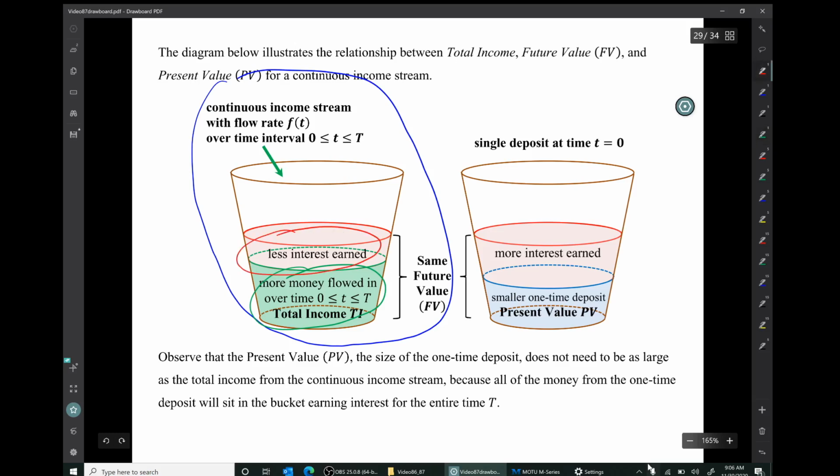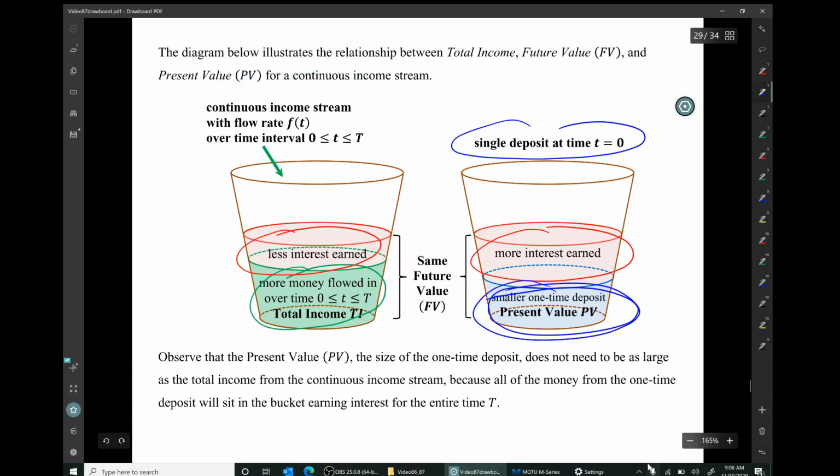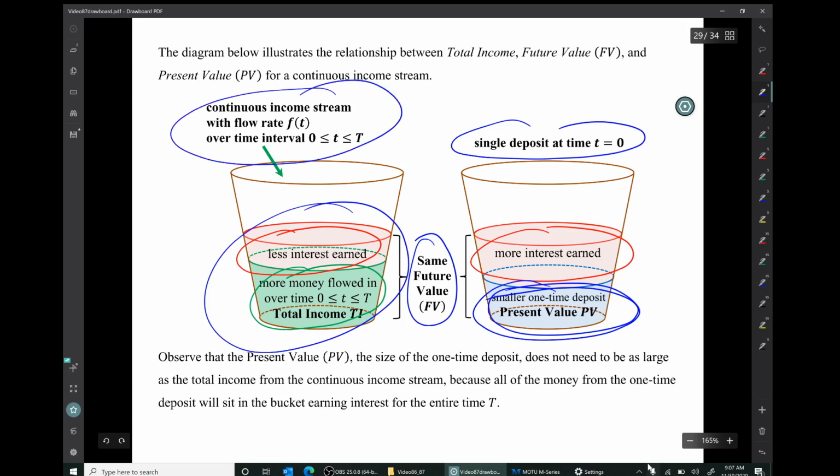The question is, if we are going to make a single deposit at time 0, and it would sit in the bucket for the entire time interval, capital T, earning interest, how much money would we need to deposit at time 0 in order to have the same value at time capital T? The same value as this other case where money is flowing in over the whole time interval.